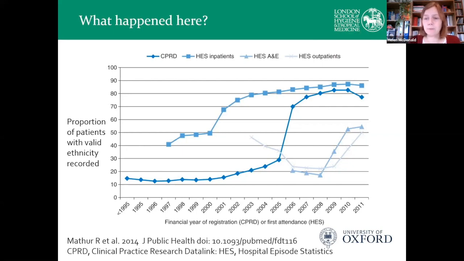The other lines on this graph show ethnicity recording in hospital episode statistics from secondary care. And in this paper, Rahini Mather also shows that you can combine these two data sets to get better completeness of ethnicity recording among the patient population by linking the hospital to the primary care record.